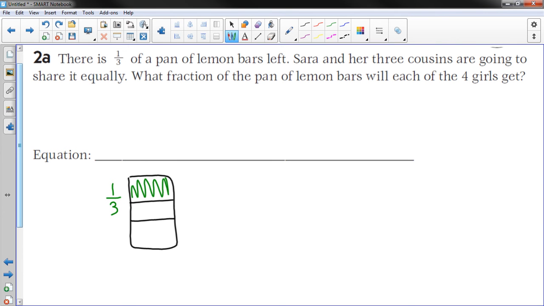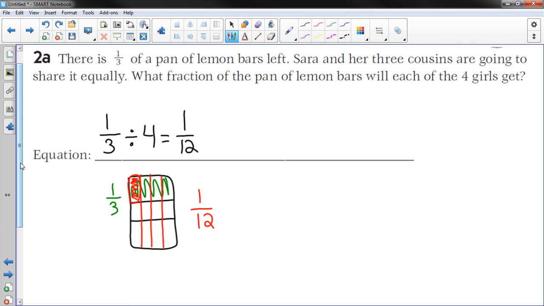We're going to divide it into 4 parts for 4 girls. So each girl is going to get this little piece. So they're going to get 1 out of the entire thing is 12. So 1/3 divided by 4 is 1/12.